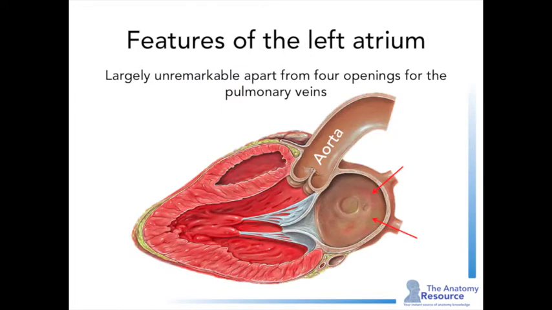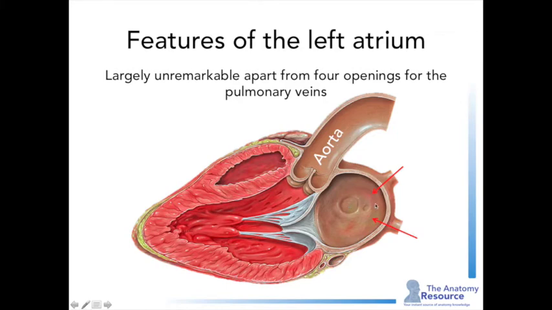The left atrium is very much the same. It has a rough anterior portion, which is comprised of pectinate muscles, and then posteriorly we have the sinus venarum, which is very smooth. You can sometimes see this depression, not always, which is the other side of the foramen ovale, and then we have 4 openings.